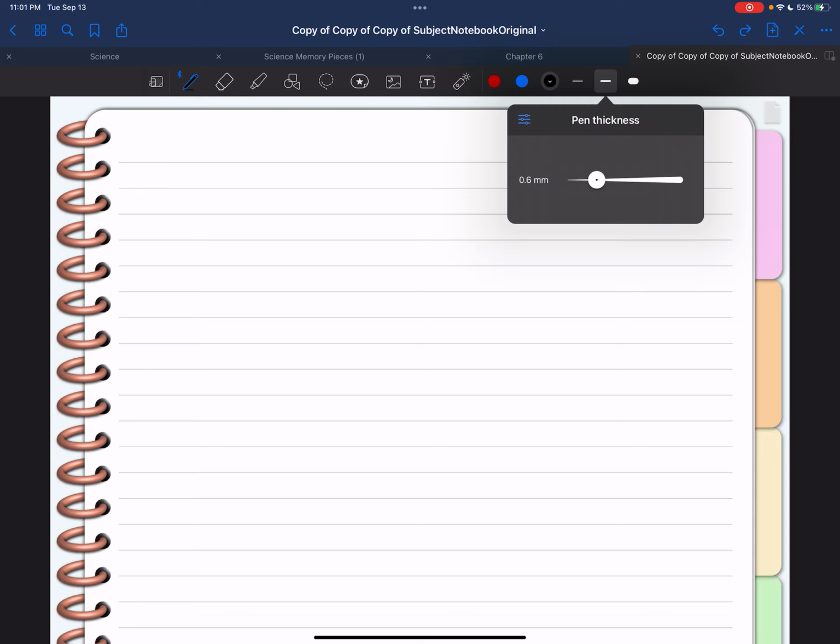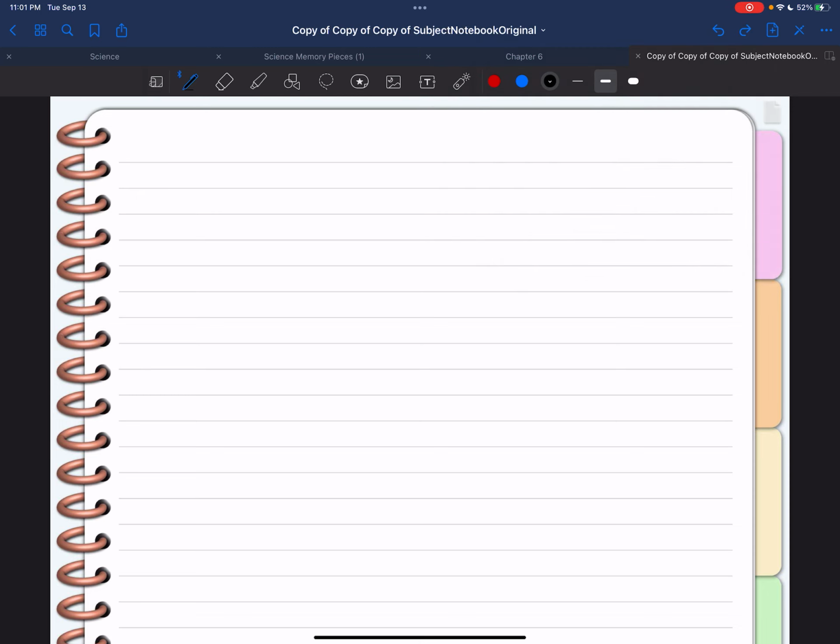And I'm going to have to increase my pen size just a hair. So page 49, I want to give you just some definitions as we go through. So I want to first of all define a ratio.